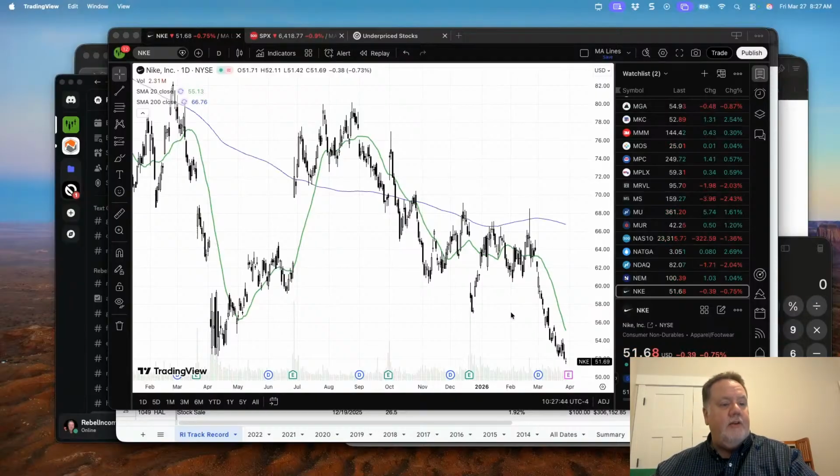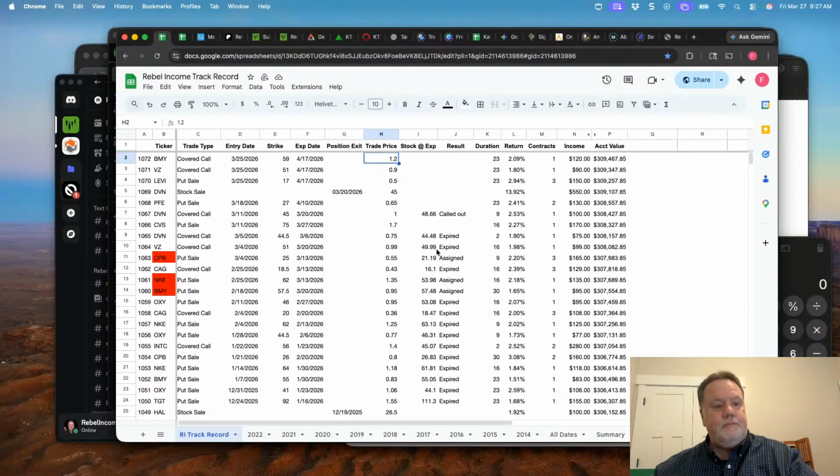This is also, again, I've beat this drum a few times already, but this is where position sizing becomes so critical. I only sold one contract here. So yeah, it is serious. It is a significant push below right now, but still relatively manageable.